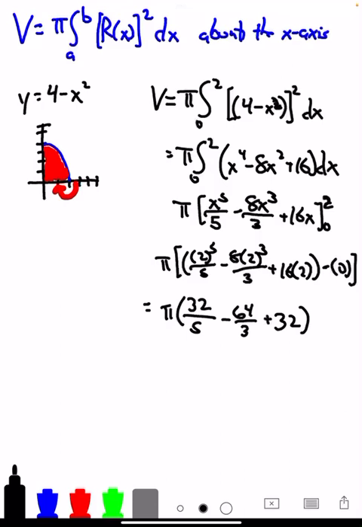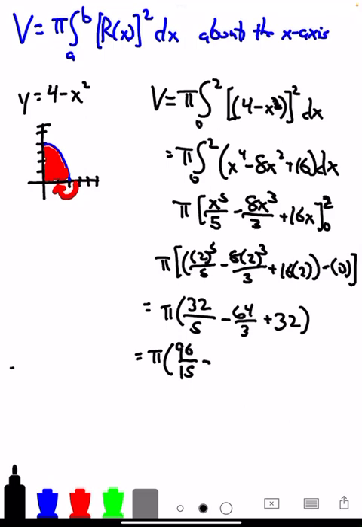Now, I'm coming back to my scratch paper. So we know when we have a denominator of 5, a denominator of 3, and a denominator of an understood 1, our least common denominator is going to be 15. So 5 will go into 15 3 times. That's 96.